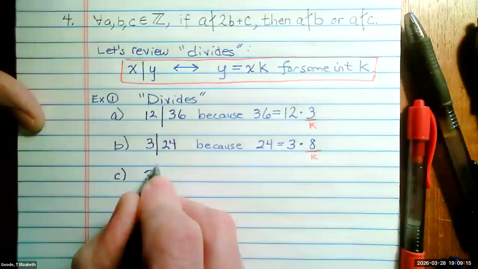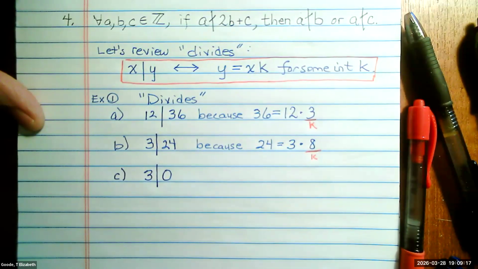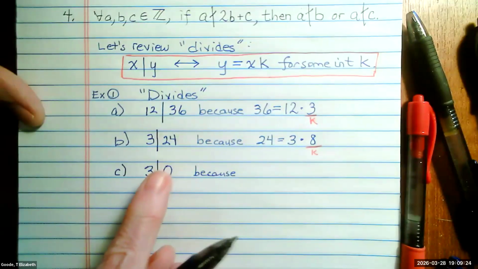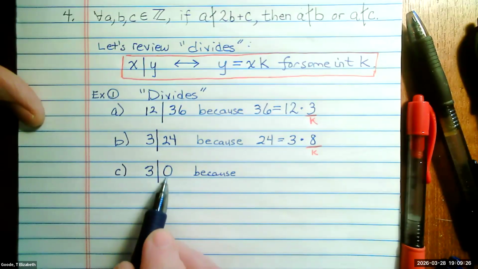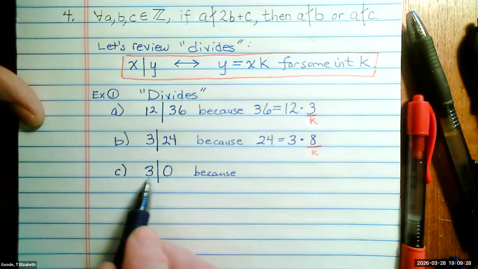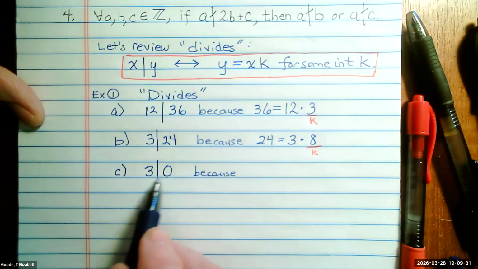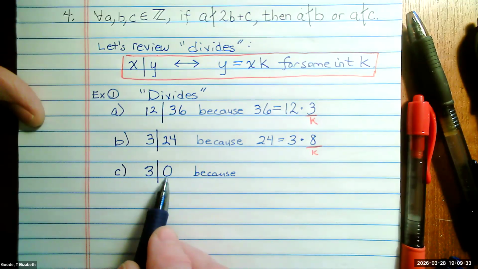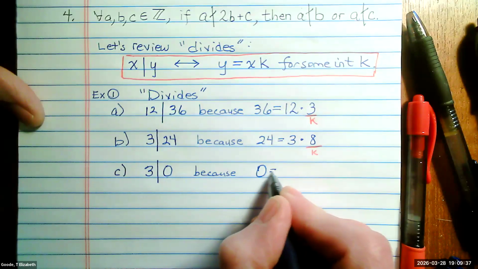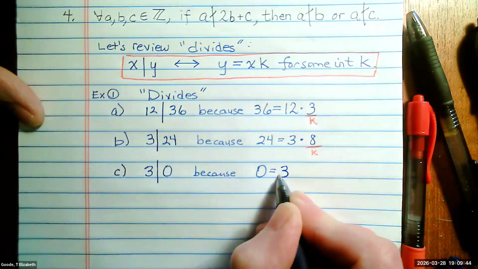Yes. Now I want to do a fun one with you. 3 divides 0, weirdly enough, because, I said that this is the larger one, didn't I? But this is the one time that that's not quite right. There's an exception to every rule, because 0 is equal to 0.